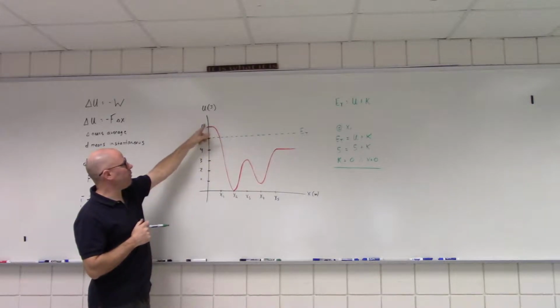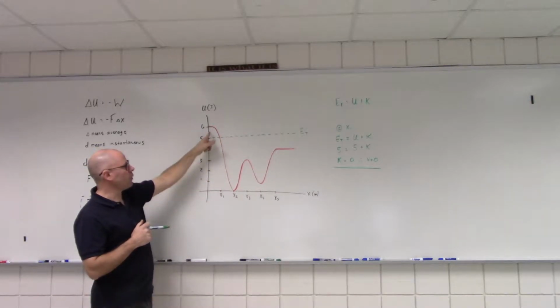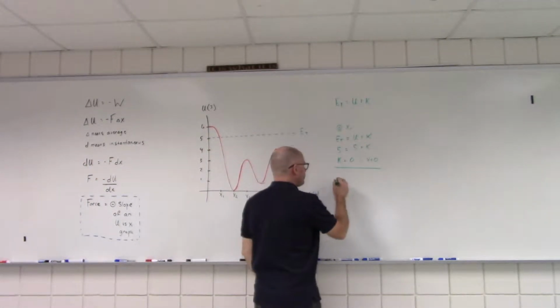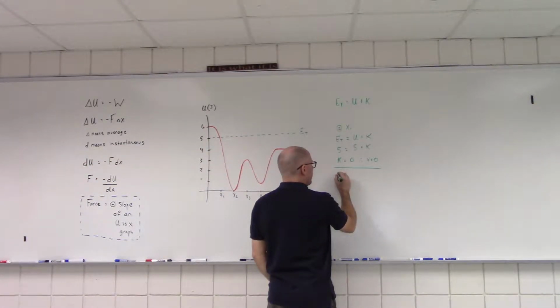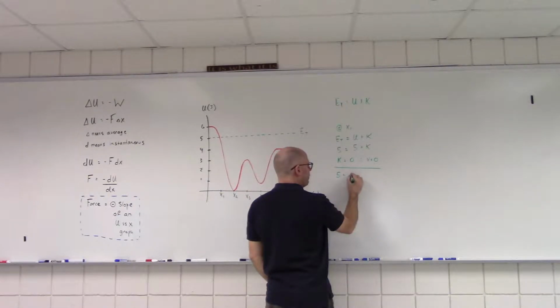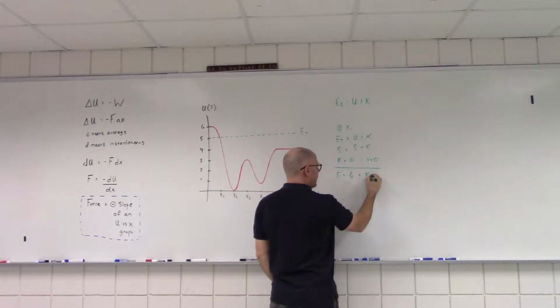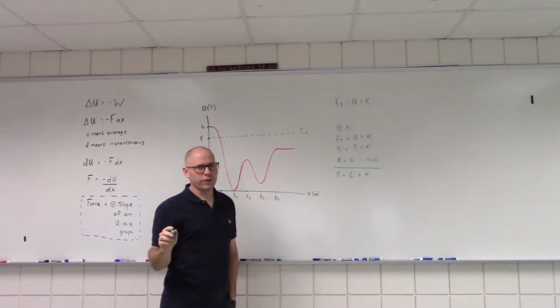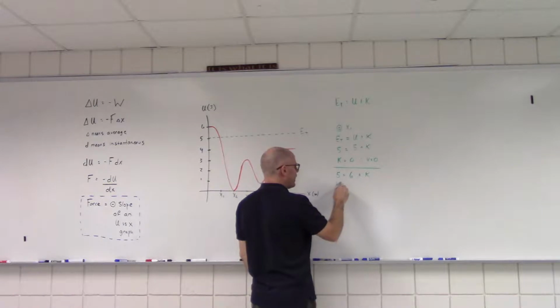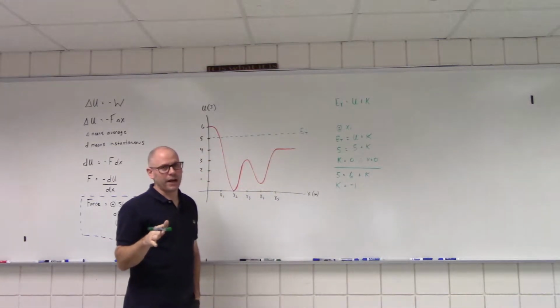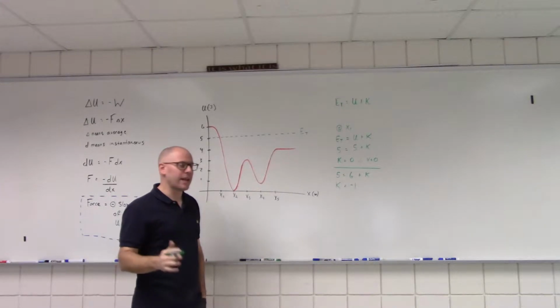If I go, let's say, to the left of position 1, let's say I end up with 6 joules of energy. So if my total is 5, my potential energy is 6 plus the kinetic. This gives me a strange result that I don't like. It says that my kinetic energy must be equal to -1. And that is not an actual thing, because kinetic energy can never be negative.